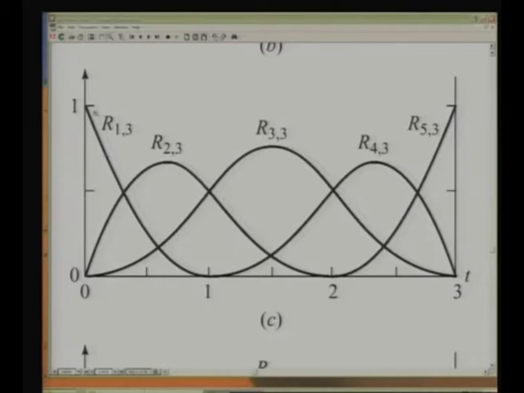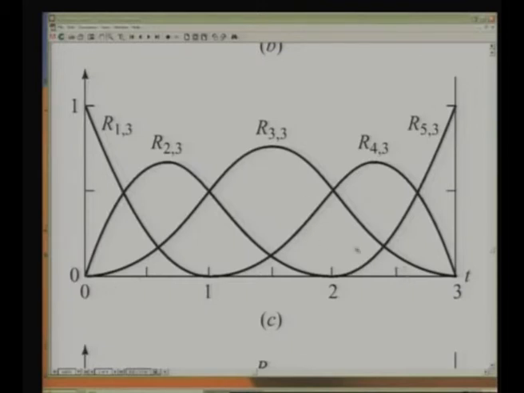What is shown here, which goes all the way up to u equal to 1, is the first basis function. The second basis function shown here goes between the parameter range u equal to 0 to 2, and then this is the third basis function which you are seeing here.